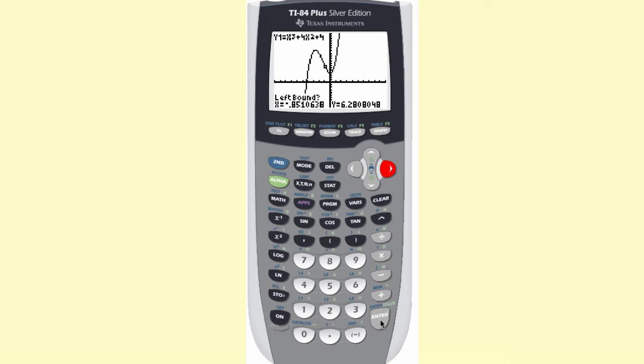And I want to start off to the left of it, so enter right there. Then move to the right of the minimum. Enter, enter again. And this is interesting. It says -1.938 e -6, which means -0.0000193. That's a round-off error. The intention there, I think, is for the 0 to actually be at x equals 0.